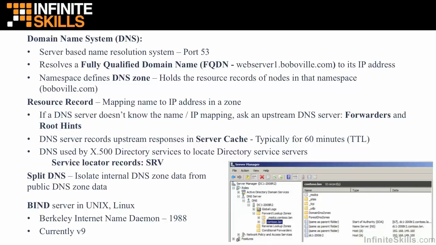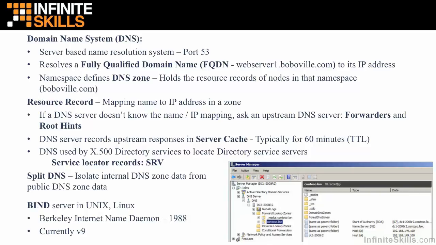And the namespace, like boboville.com, defines the zone name, and then the different local hosts, like webserver1, fileserver1, domain controller 1, these different local host names inside the boboville.com container hold the mapping to the specific IP address.